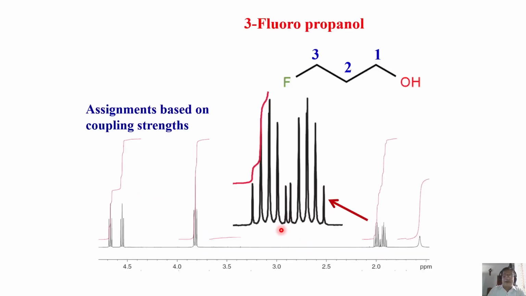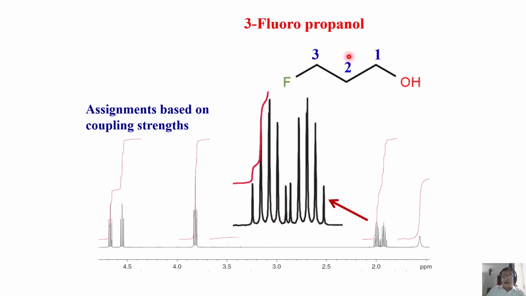And another simple molecule you see. This is 3-fluoropropanol. Now, fluorine is present. This is CH2, CH2, CH2, OH. Very easy. When this CH2 is coupled with this fluorine, then what will happen? This CH2 has to be a doublet because of this.